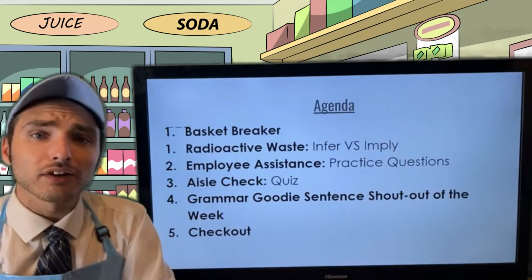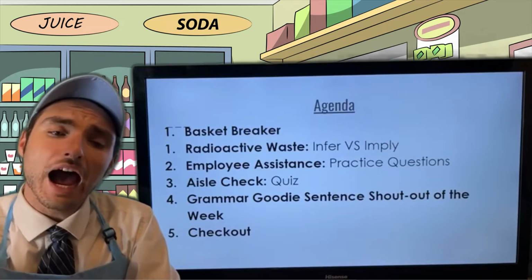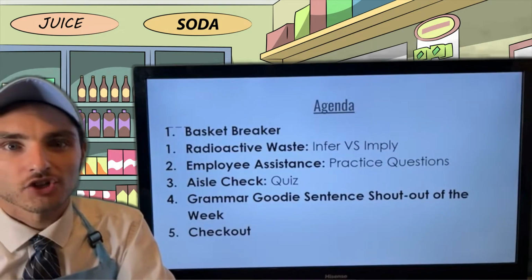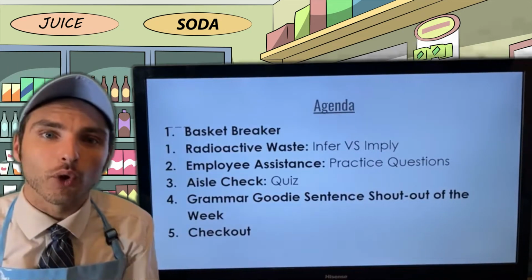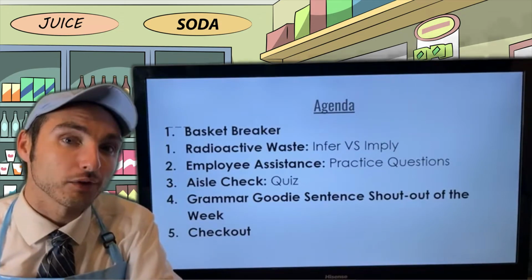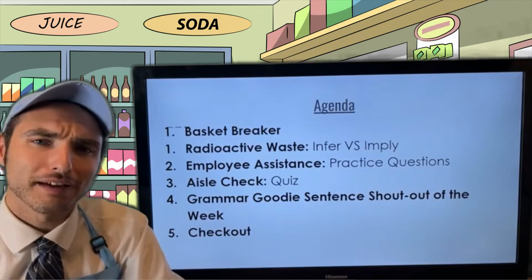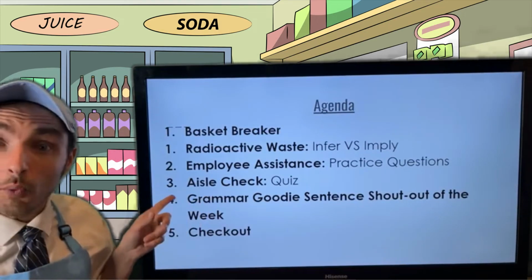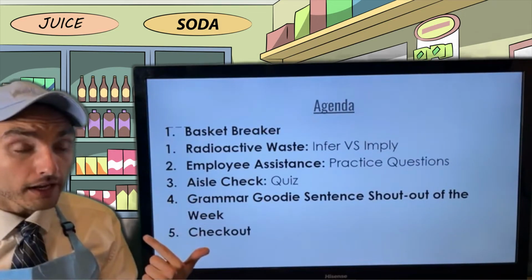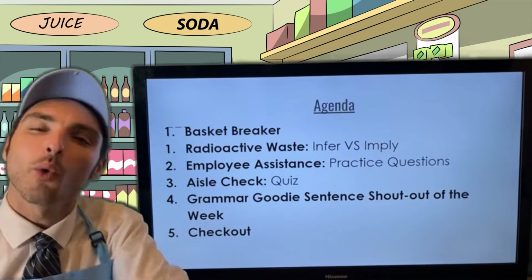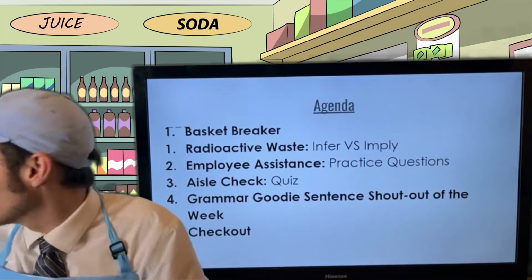These shout-outs go to Grammar Goodies that post into our comment section, regardless of the platform. And they get a shout-out on our Whoa Wednesday and other social media platforms. Did you win it? Did I win it? Did my cat win it? We'll find out, so stick with me until the very end.